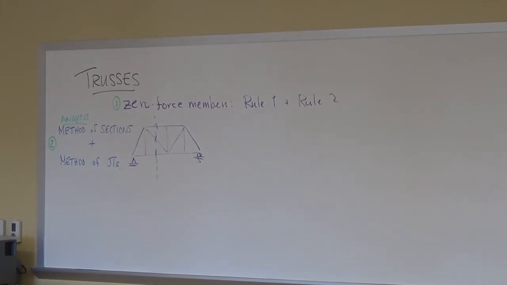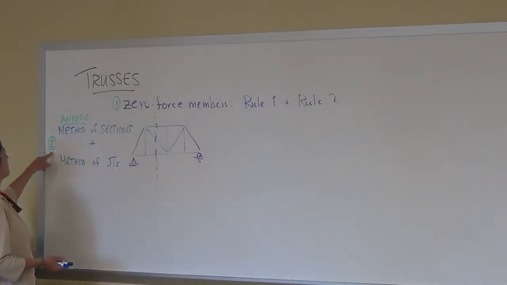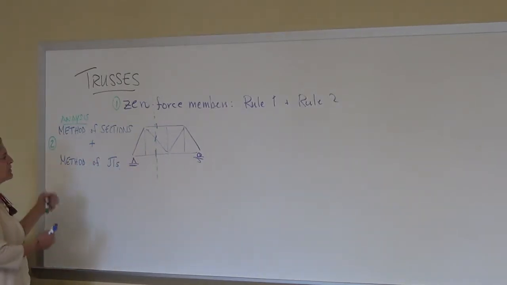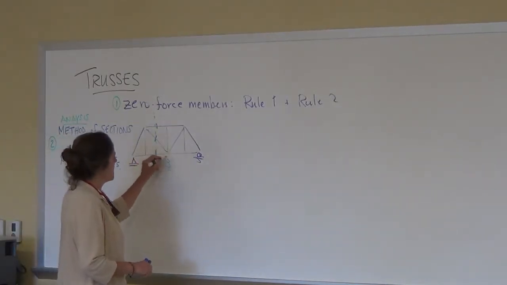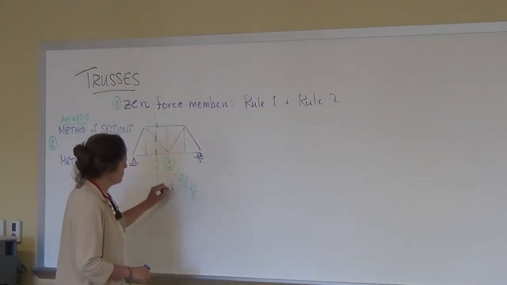But if you're only trying to find some members, you're only going to need to find one side of the reactions of the supports. So step one is to find which are the zero force members. Step two is to figure out what method of analysis you want to use. And then step three is to do a free body diagram of the whole structure.